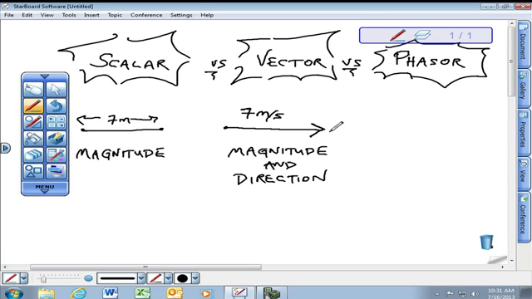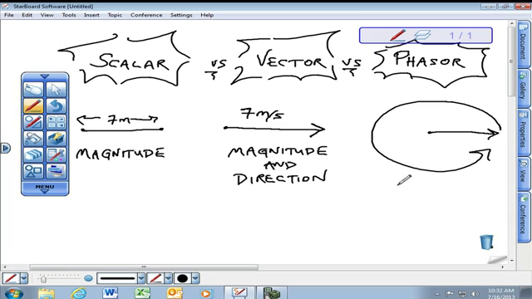And then last but not least, we've got ourselves a phasor. And this is what's fun about a phasor. Yes, you've got magnitude, you've got direction, but then you also have movement in that you are rotating your phasor. So whatever the magnitude is, whatever the direction, now it's moving. So basically, a phasor is simply a vector that is rotating.